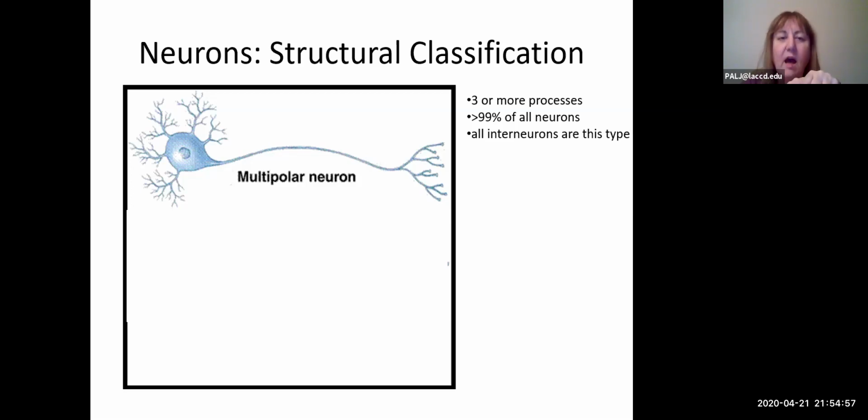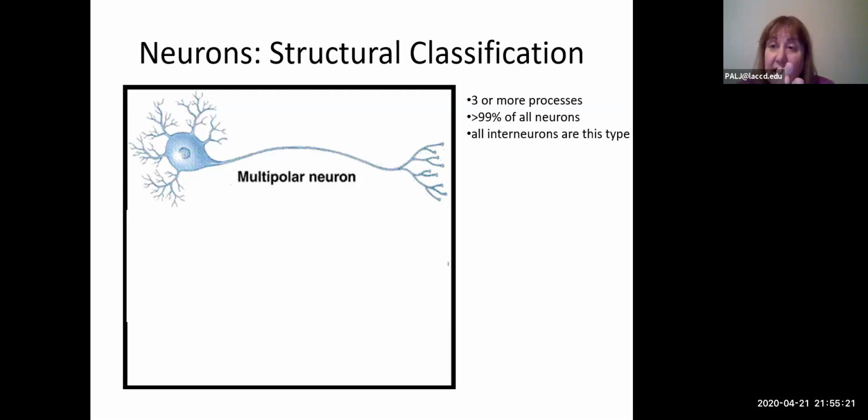neuron has 3 or more processes. So it has 1 axon and at least 2 dendrites. And all of our interneurons are going to be multipolar. Does that mean only interneurons are multipolar? No, but it means all of our interneurons are multipolar.